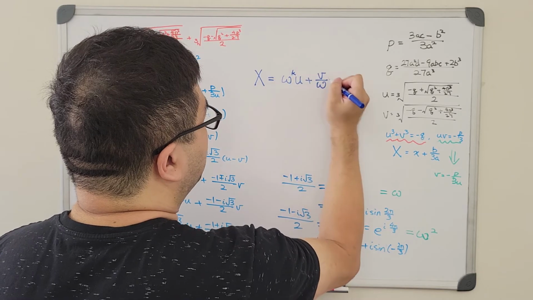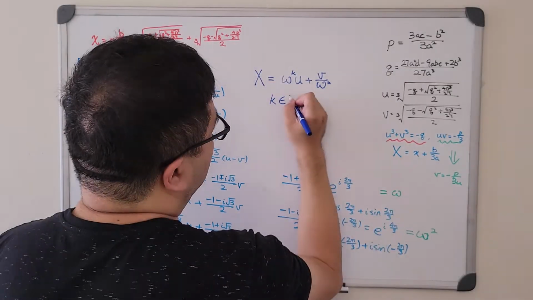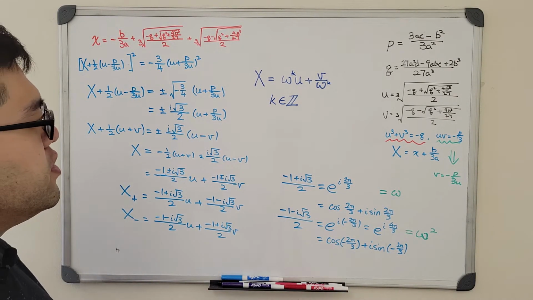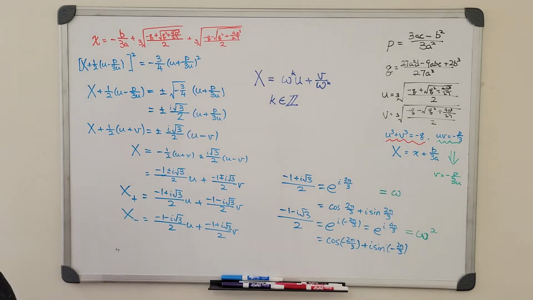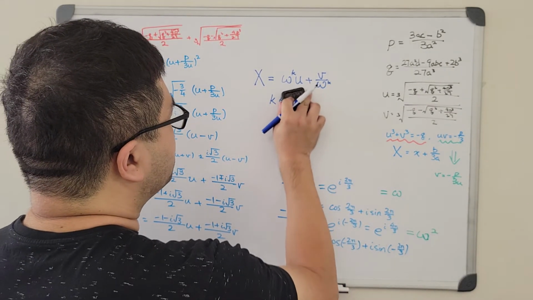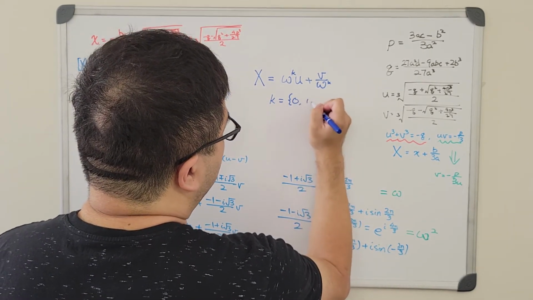to the k power. So again, k is any integer, and we can see that when k is a multiple of 3, in fact, we can just leave it like this: 0, 1, or 2.